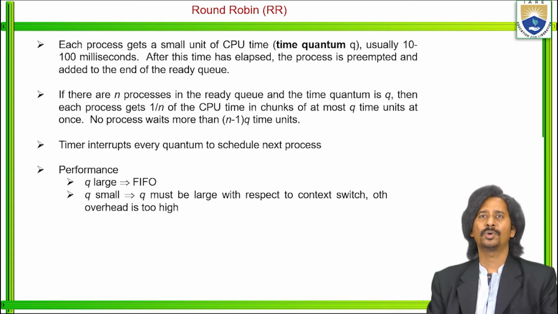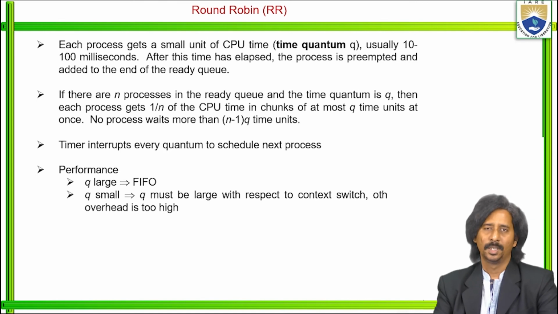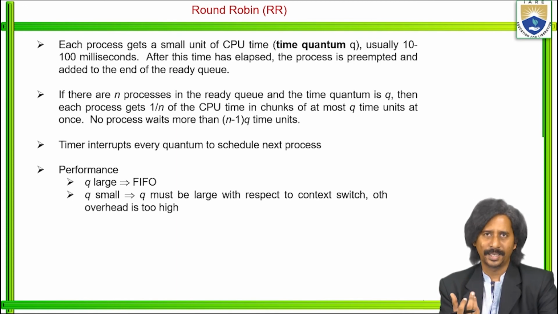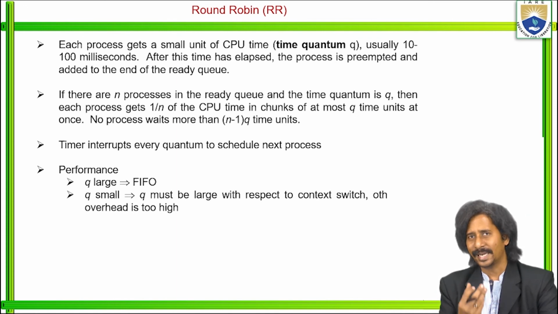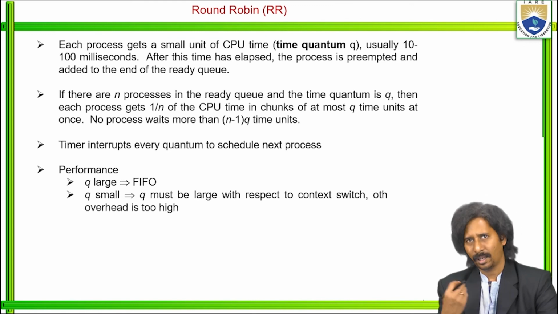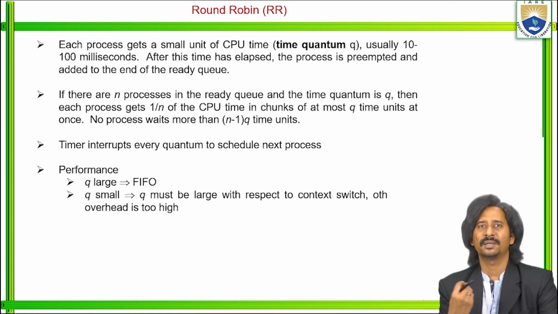Next one, round robin scheduling algorithm. The name itself specifies round robin, in the sense that the processor can accept each and every process in a sequential, that is, circular fashion.